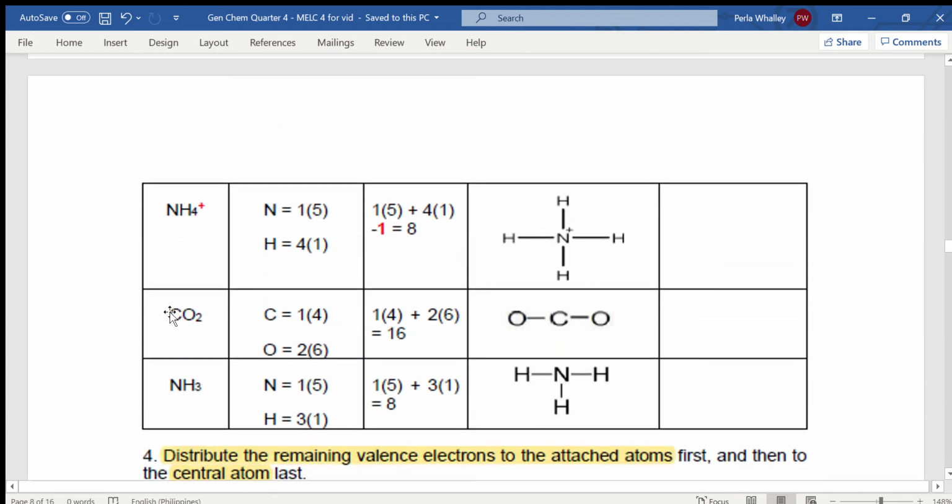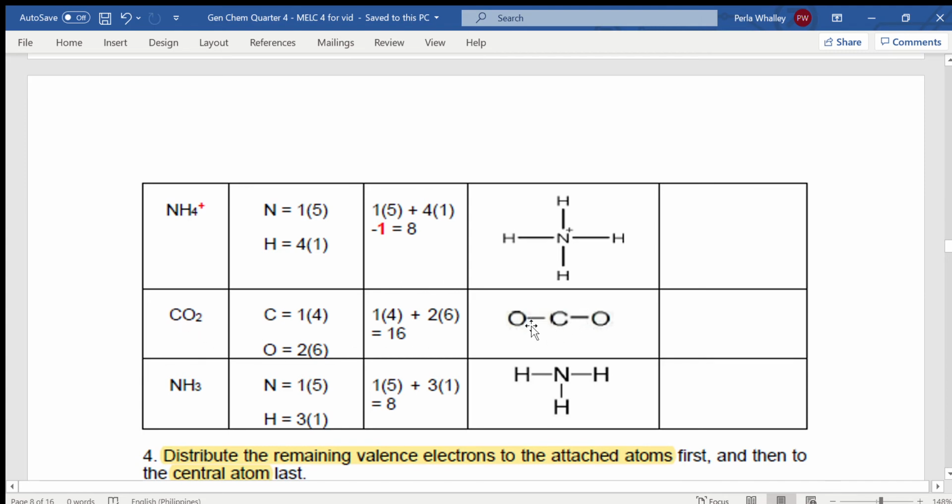Next, for ammonium ion, nitrogen will be the central atom. And then there are 4 hydrogens, so we need 4 bonds. Okay? The plus here shows that ammonium is an ion. For carbon dioxide, carbon is fewer compared to oxygen, so carbon would be the central atom.